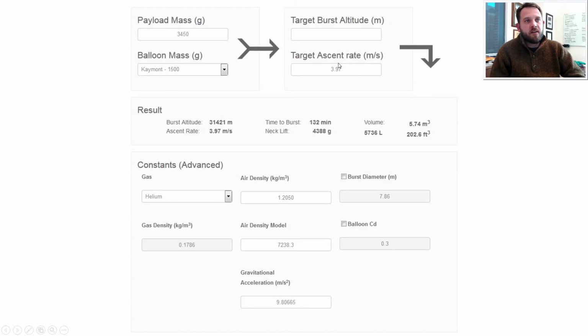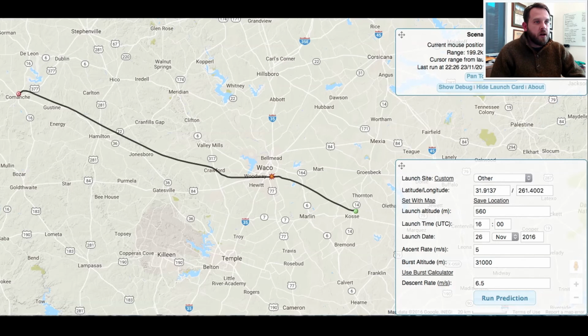Plug a bunch of numbers in, find out what your estimated ascent rate is going to be, time to climb. Knowing how long it's going to take your balloon to climb will tell you how long you're going to be exposed to wind, so that you can begin to build your model and build your map across the ground. So this is one of the tools that we use for estimating the route.